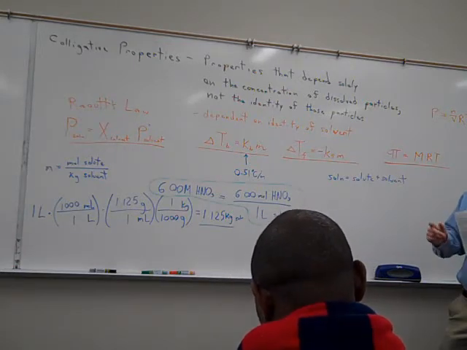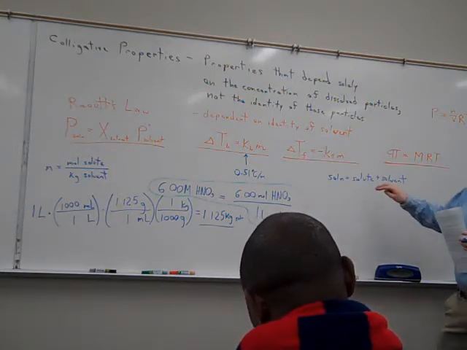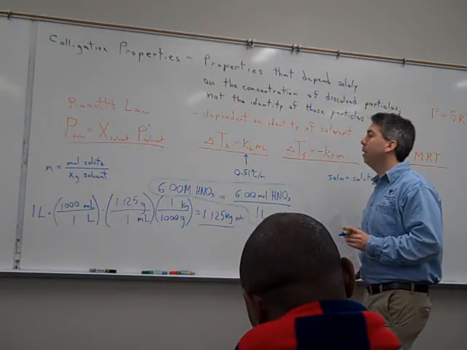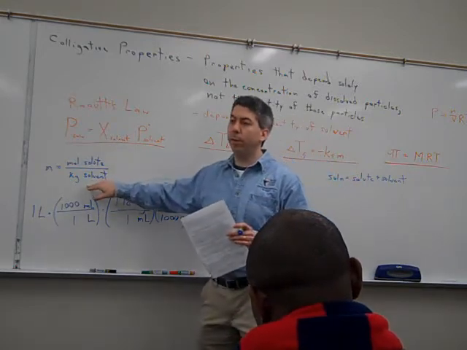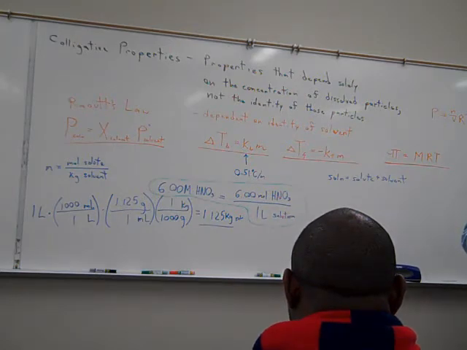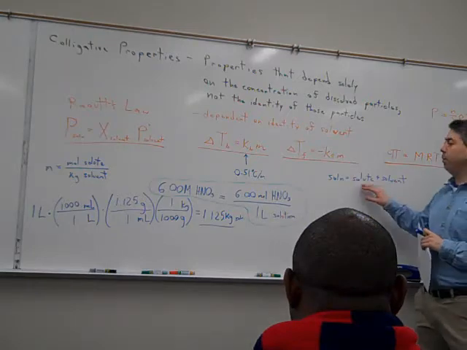I have 1.125 kilograms of solution, and I need to find the kilograms of solvent. Looking at this equation, what's the missing piece? I need to know the kilograms of solute.